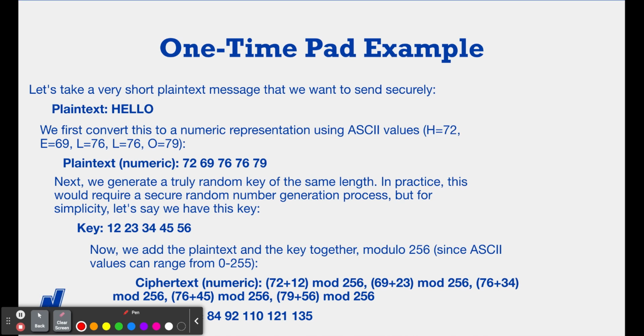To decrypt it, the receiver, who has the same one-time key, simply reverses the process by subtracting the key from the ciphertext, again using modulo 256. They'll recover the original numeric representation of the plaintext, which, when converted back using the ASCII table, will result in hello.